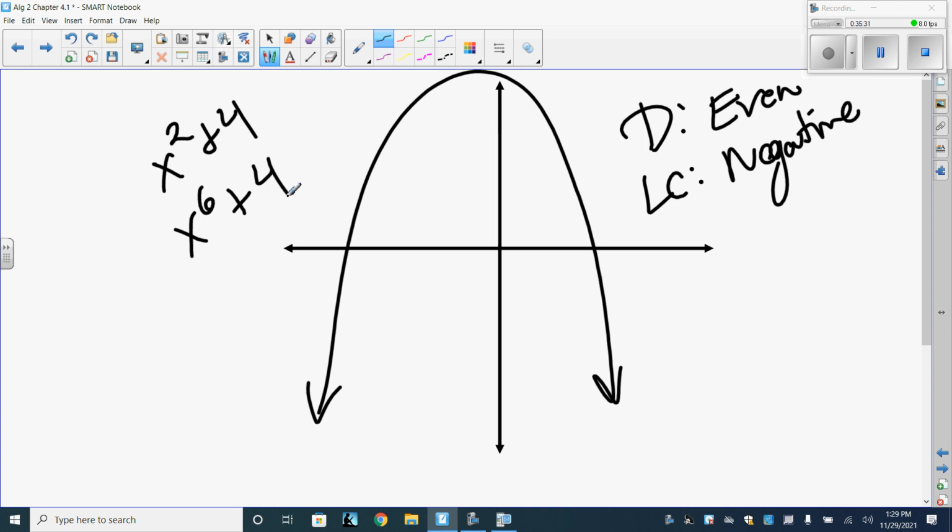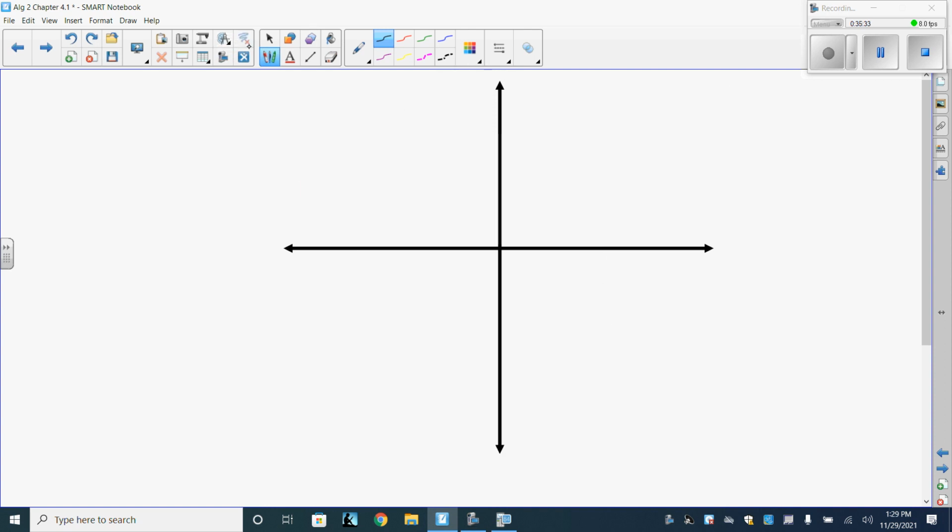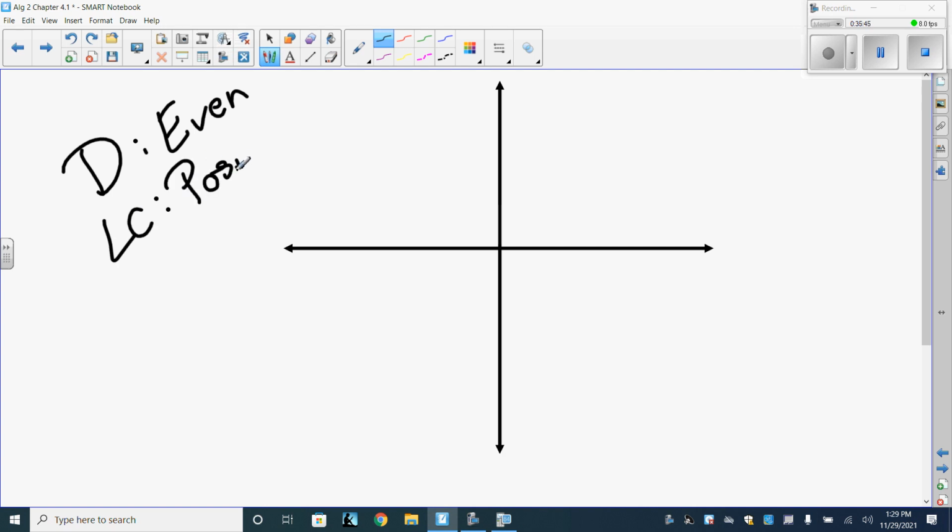Now, the big question is kind of why is this important? Well, let's just say the following polynomial that I'm going to draw is even, and the leading coefficient is positive. So we're saying that we have a function that we know the degree is even, and the leading coefficient is positive.